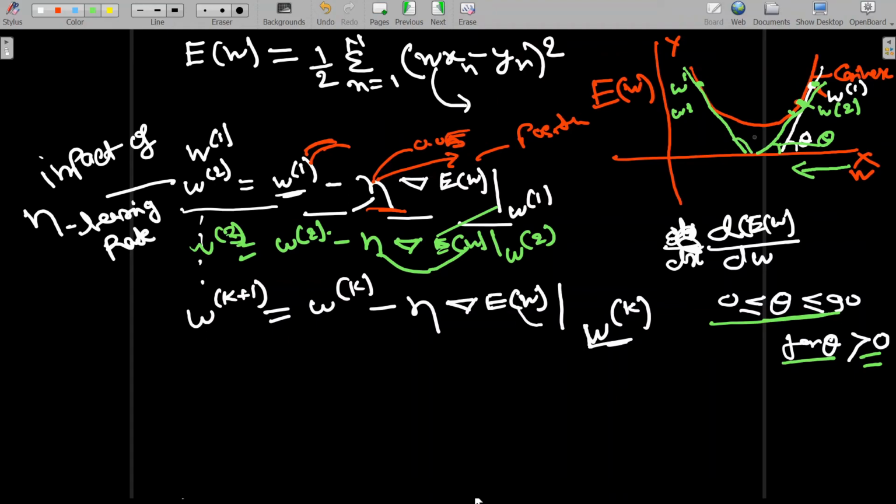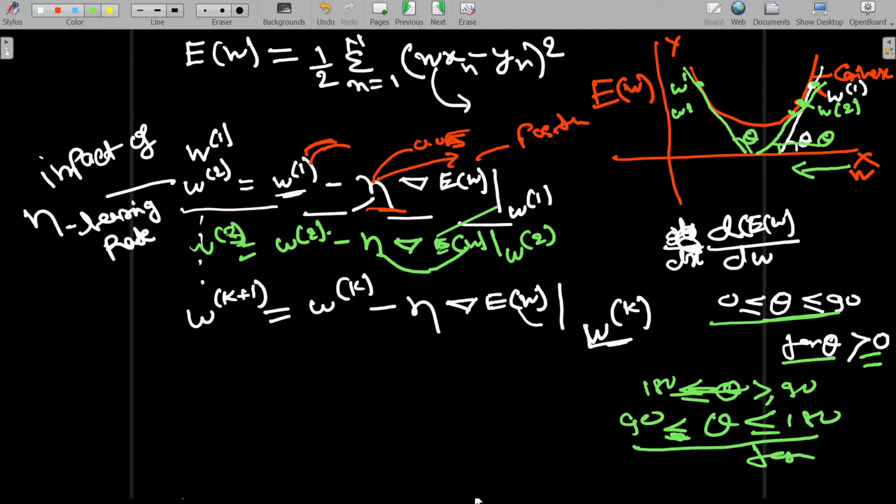If you see here, this time theta is greater than 90 and less than or equal to 180. Once this happens, tan theta is less than 0.